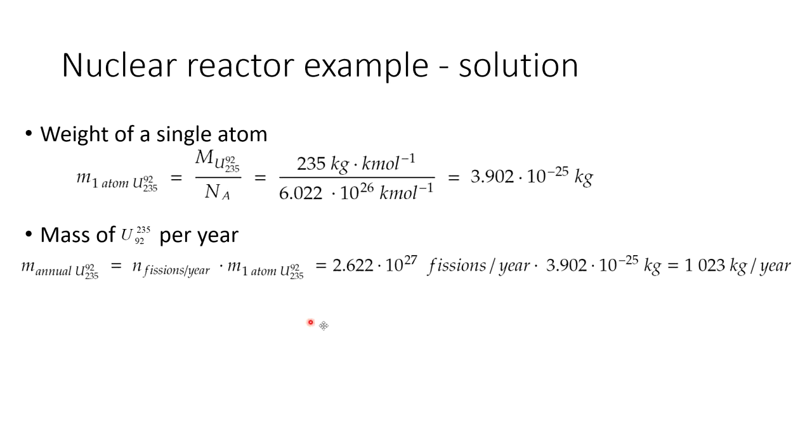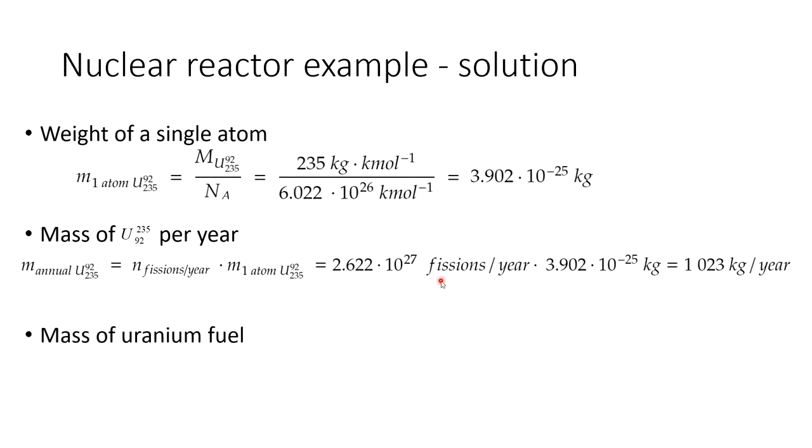It's the number of fissions multiplied by the mass of a single atom, which is 1023 kilograms a year. So it's actually quite a small amount of fuel compared to, for example, coal power plants that are consuming values like this within an hour or even faster.